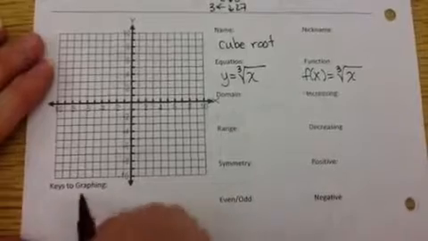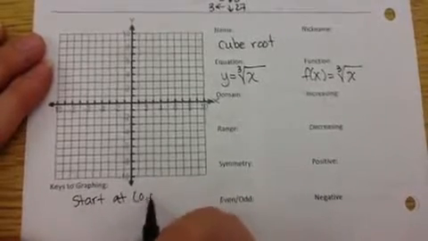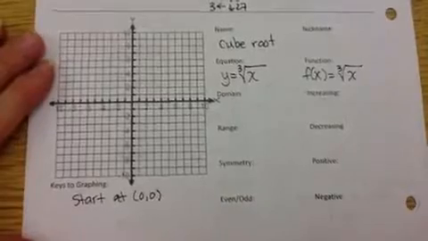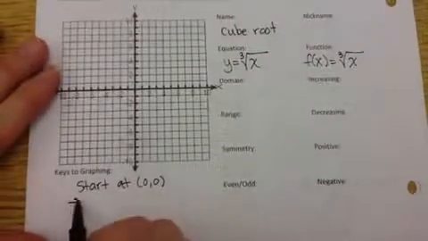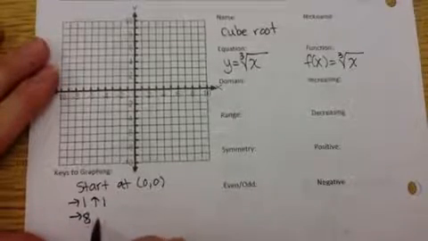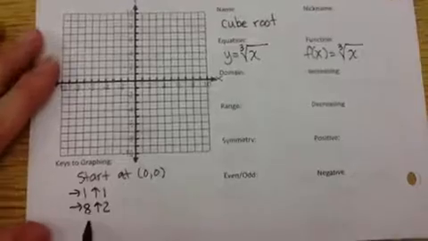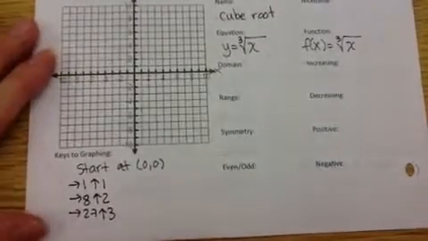So for my cube root, the keys to graphing are to start at 0, 0. And then we're going to reverse the order of our points from before. So we're going to go right 1, up 1, and then right 8, up 2, and then right 27, up 3.